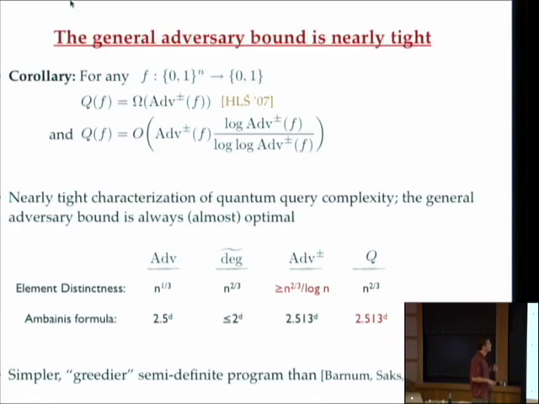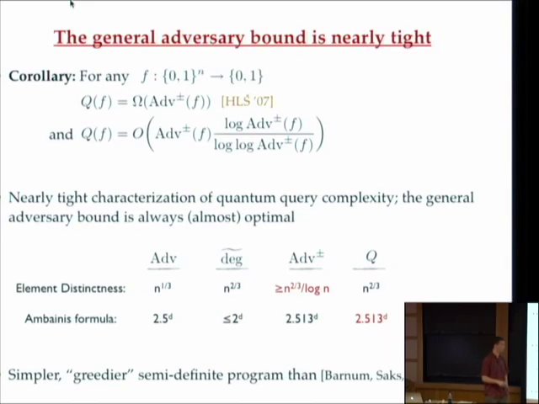So that's the point. As a corollary of these two theorems, we have the lower bound that the query complexity is at least the adversary bound, and now we get an almost matching upper bound for every Boolean function. And so in particular, it lets us fill in this table. For the formula, we now know the query complexity is 2.513 to the d.